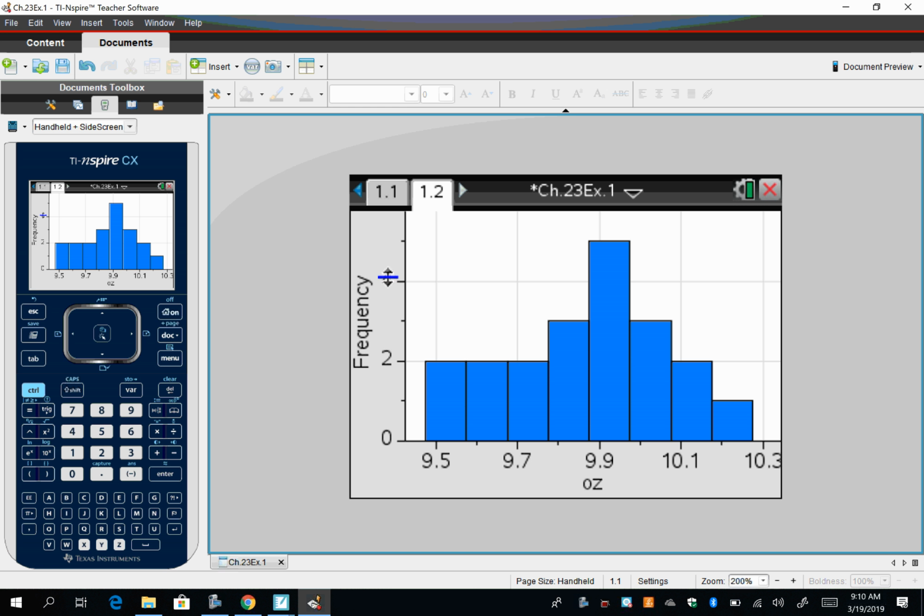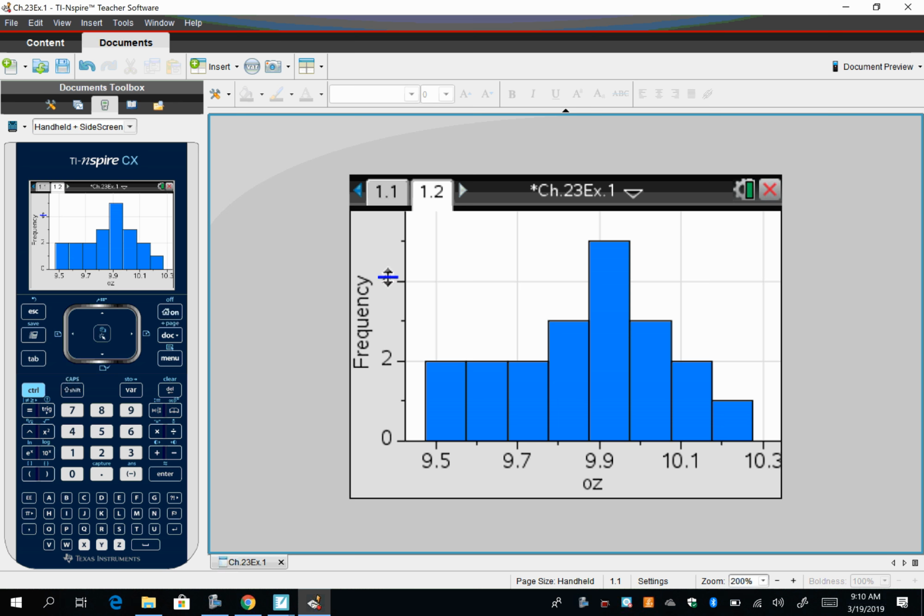No thoughts? This looks unimodal and roughly symmetric to me. I don't see any skewness or any gaps. There's no two humps, right? It's not bimodal.